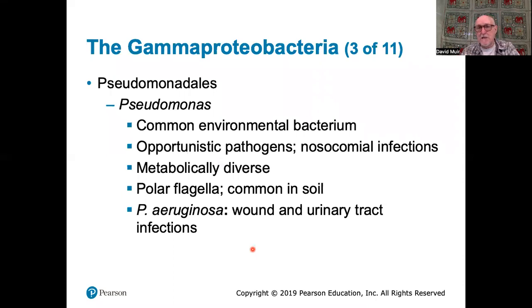There are a number of species, and they are common in soils and water that can be widely isolated. They may sometimes occur as part of our normal gut microflora. They have been recovered from the gut microflora, but I have no idea how common that is. I don't think it is very common.